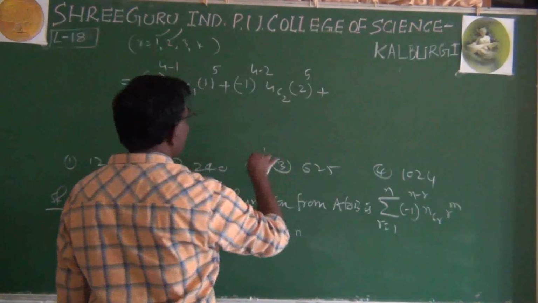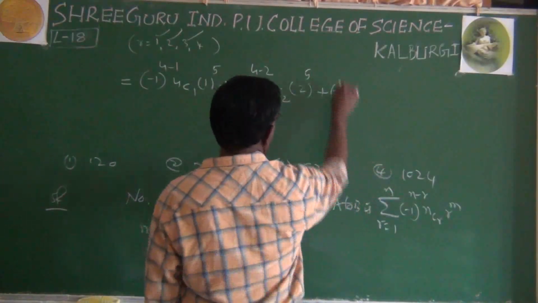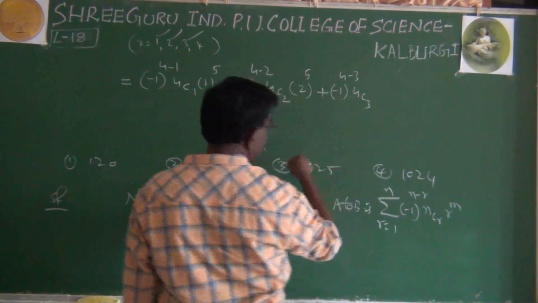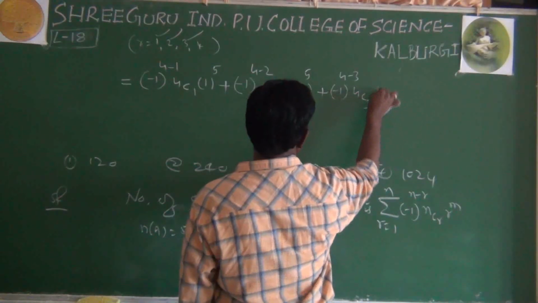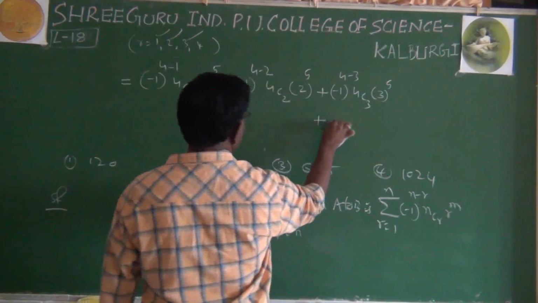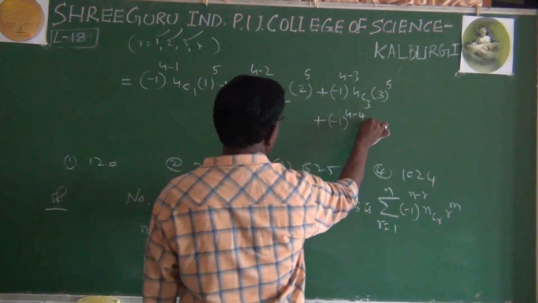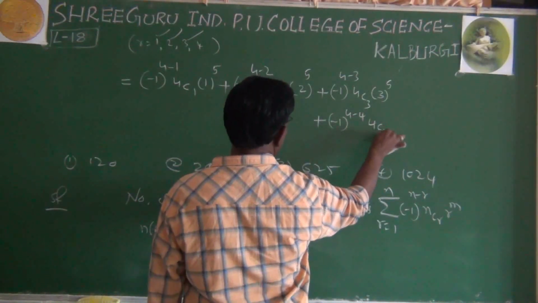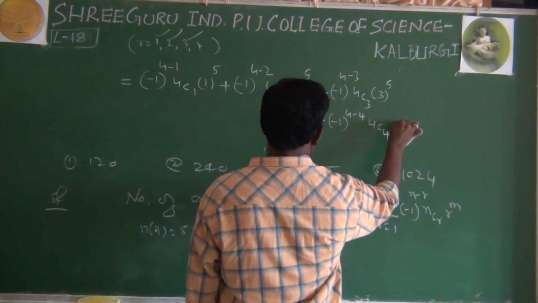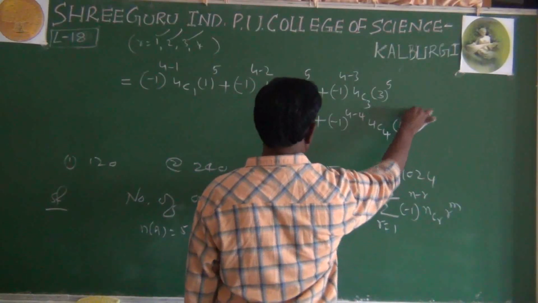Plus minus 1 to the power 4 minus 3, 4c3, r value 3 to the power 5. Plus minus 1 to the power 4 minus 4, 4c4, r value 4 to the power 5.